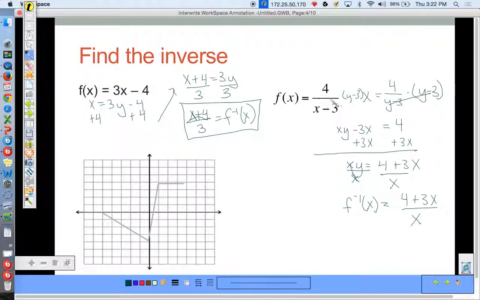Now on a graph, we'll see if you guys remember what to do on a graph. This is where we can pick some xy coordinates. So let's see, we have 0 and -4. This one is 1, 2, 3, 4, 5.